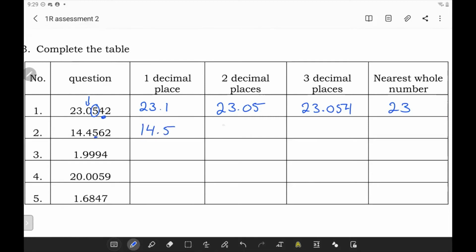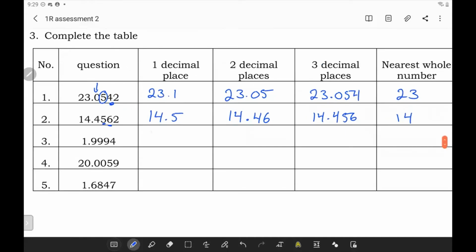So 2 decimal places, that is like 14.46 because this number is greater than or equal to 5. So 3 decimal places, that is like 14.456 because 2 is not greater than or equal to 5, so we leave the 6 alone, and the nearest whole number is still 14.